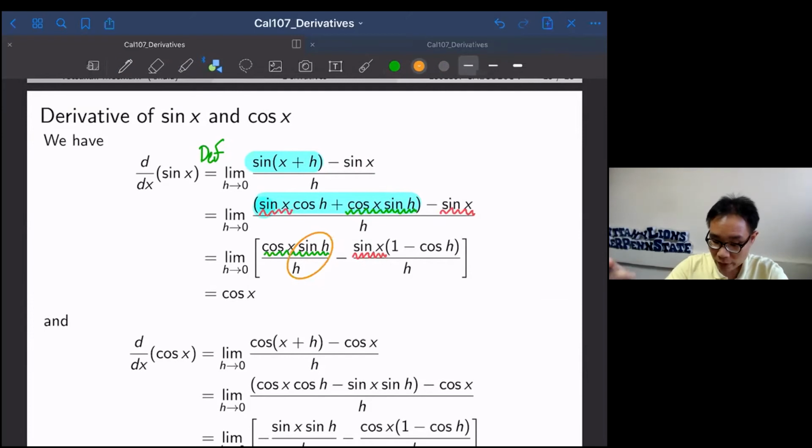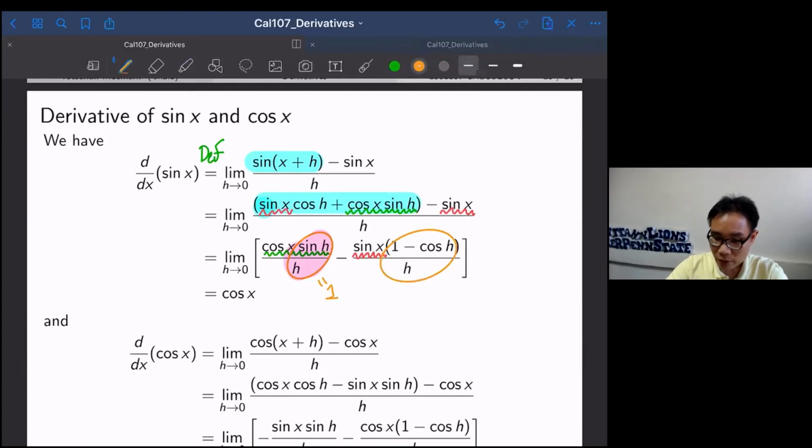So this is sine h over h, and you have 1 minus cos h over h. Sine h over h is the pink limit. So it's the pink limit. It's going to turn out to be equal to 1.